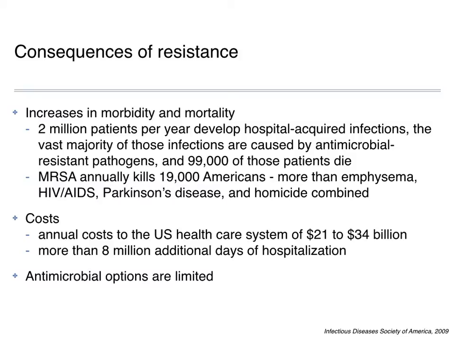As you see, a lot of days of hospitalization each year are caused strictly by resistant pathogens that we can't treat effectively. And then finally, resistance certainly limits our antibiotic options. One example is Neisseria gonorrhoeae, for which we currently have exactly one drug that is reliable, and resistance to that drug has been reported. So not a good state of affairs.